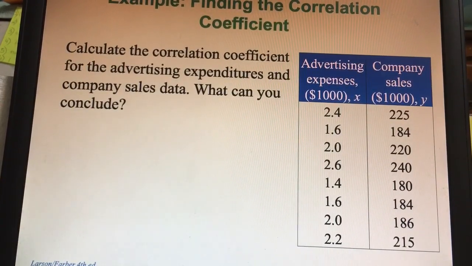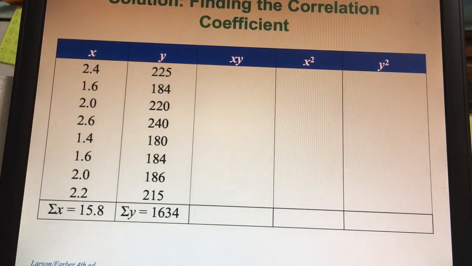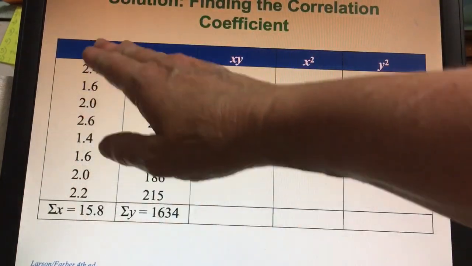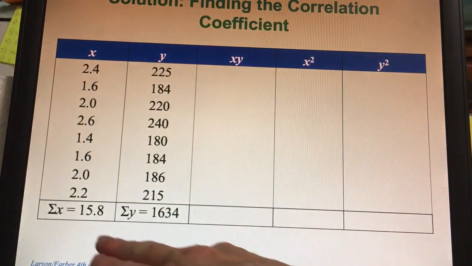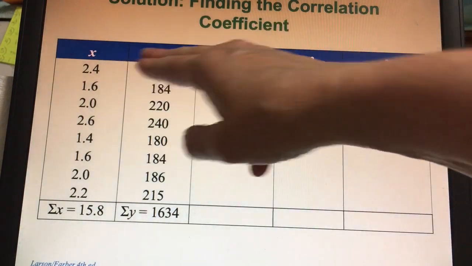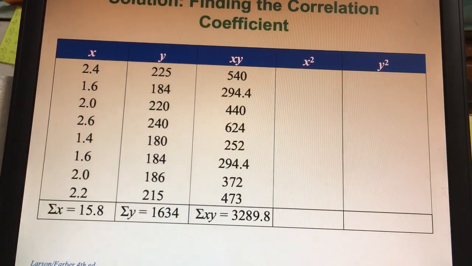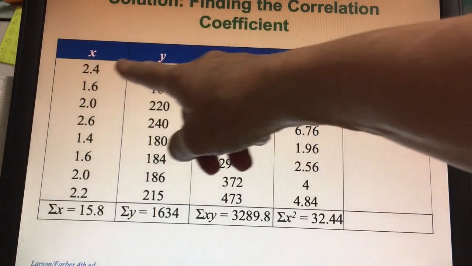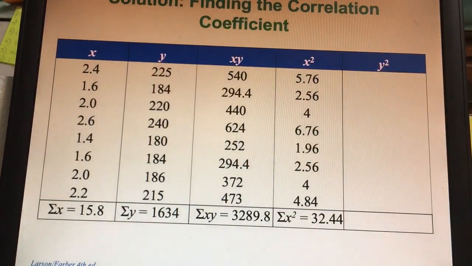Calculate the correlation coefficient for the advertising expenditures and the company sales. What can you conclude? Okay, so when we're looking at this, we've got the data points here, the X data points, the Y data points. Remember, summing the X, summing the Y, all of the X's and Y's multiplied together, and then we sum those at the bottom. The X squared, we take this one and we square it, and we add those up.